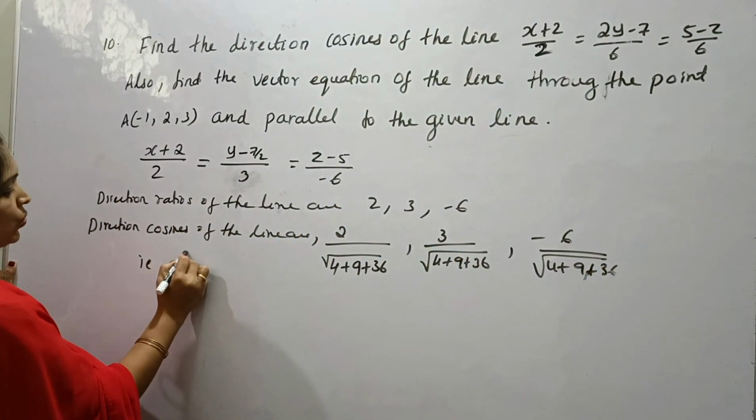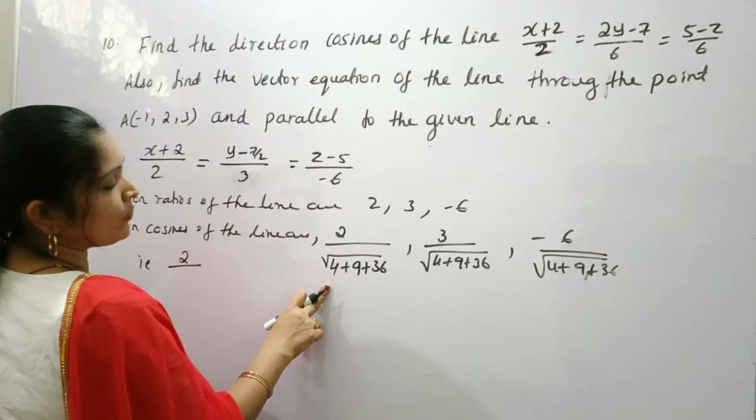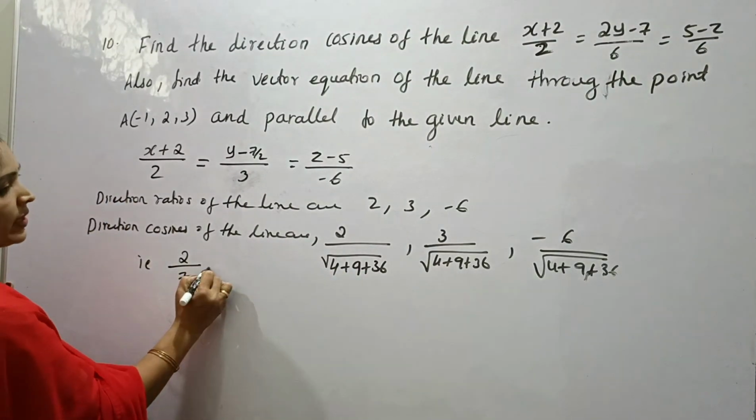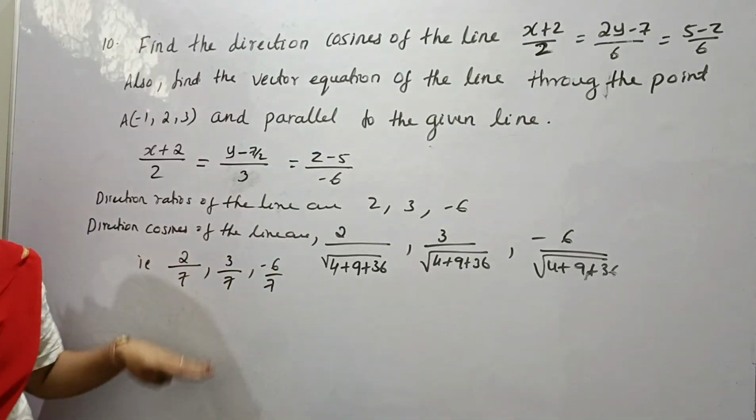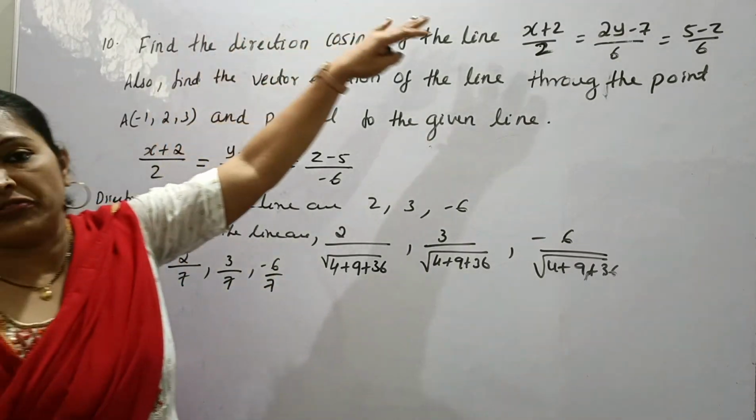That is, 4 plus 9 plus 36 is 49, root 49 is 7. 2 by 7, 3 by 7, minus 6 by 7 are the direction cosines of the given line.